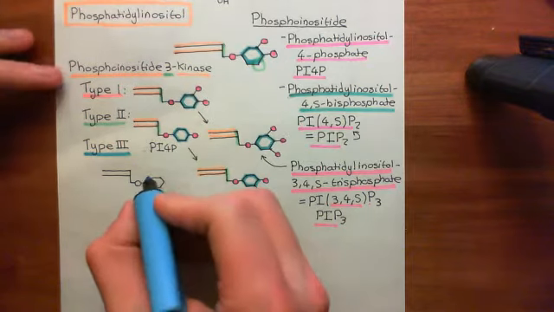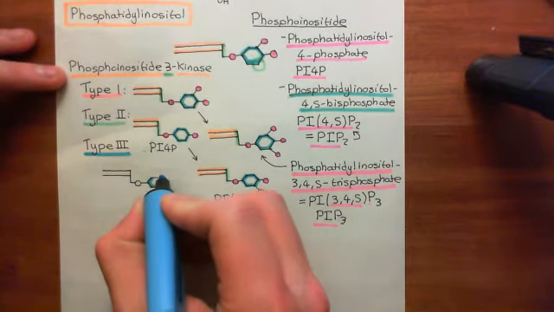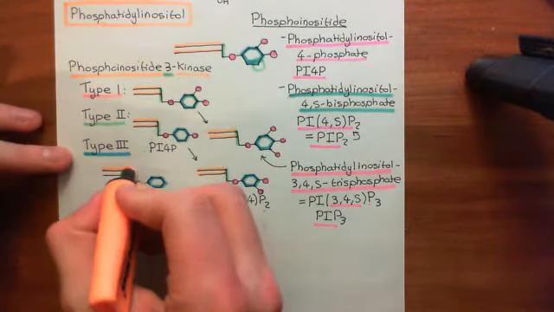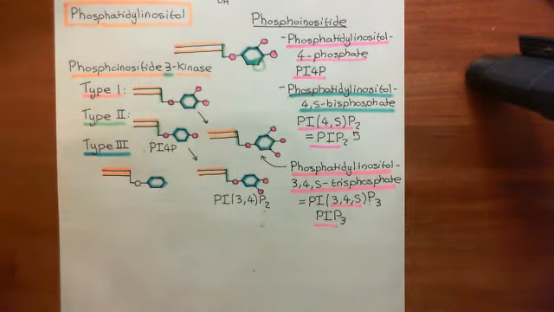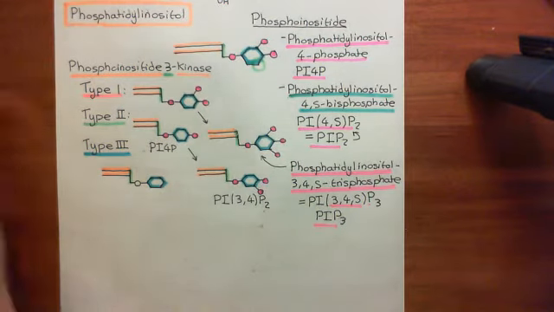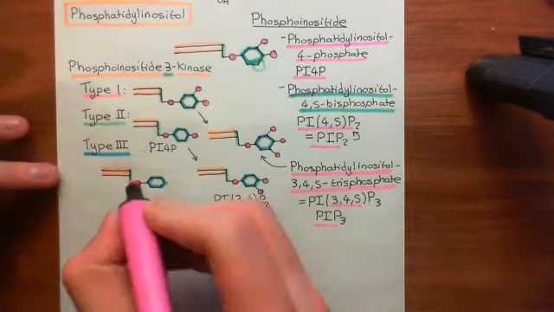So let's colour this in. This is our substrate here. This is the inositol ring here in blue. Here are the long-chain carboxylic acids in orange. Here is the glycerol molecule in green. And here is the phosphate group.